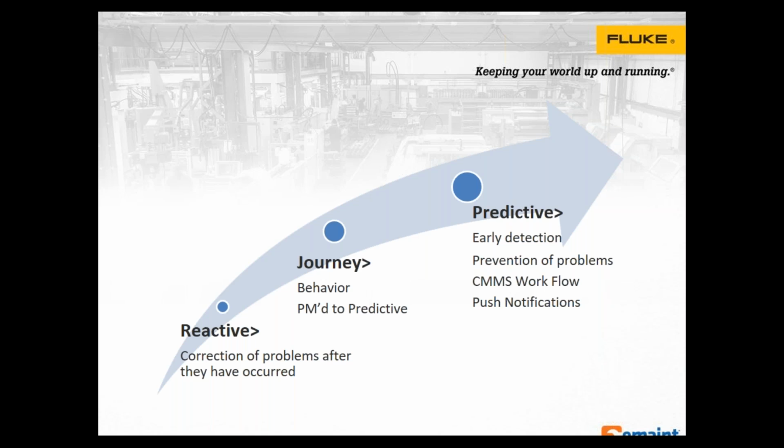With the maintenance department, usually people are spread thin, and it seems to be the trend as we go. But I think we all would agree, we're trying to get to a predictive type of maintenance situation where we have early detection, which is detection of the problem before it occurs.